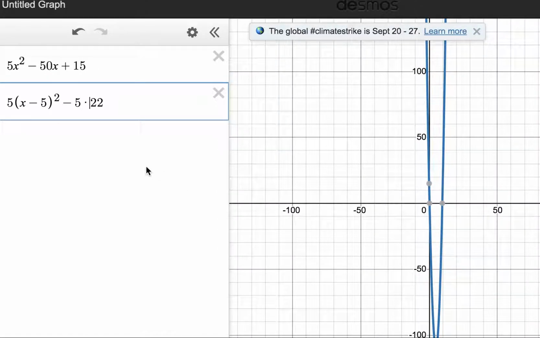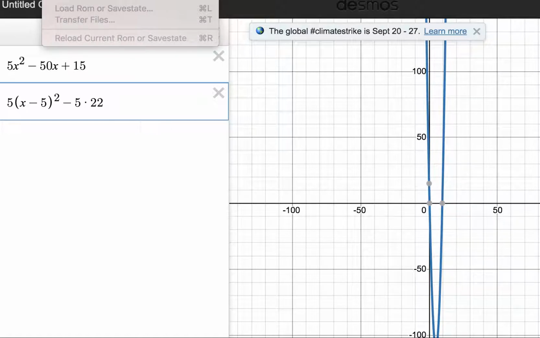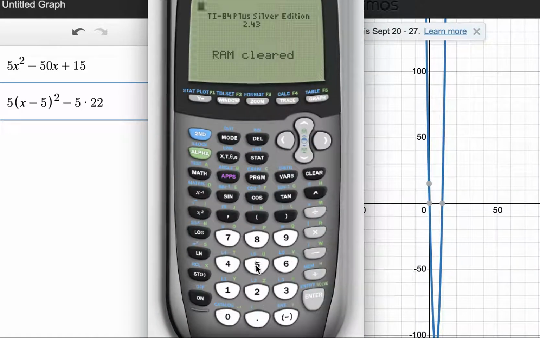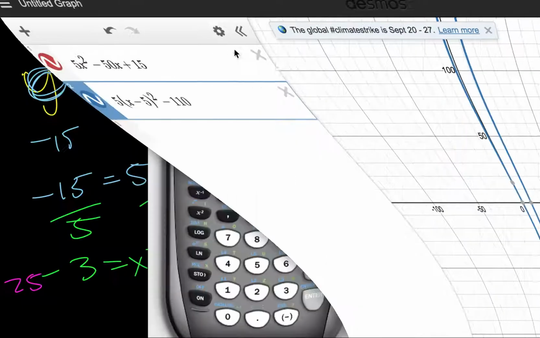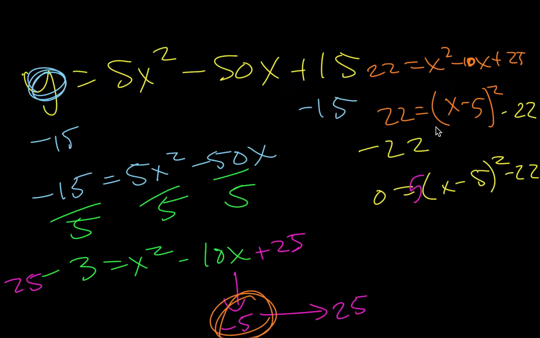I'm going to zoom out and then turn off the blue and the red, and we see that we get the same thing. And so 5 times 22, we go to our calculator. 5 times 22, we get 110. So just to recap that real quick, we do what we did on the previous problem.